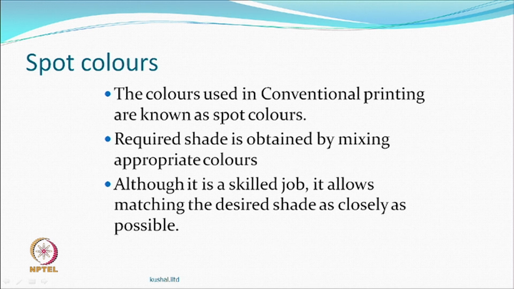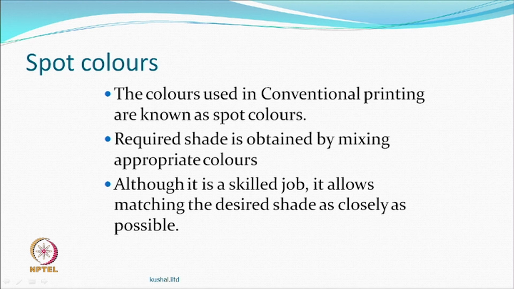So, there is something called a spot color. A spot color is what we use in conventional printing. You need a green, so you mix 2 or 3 colors to get the right green and then use that to print.